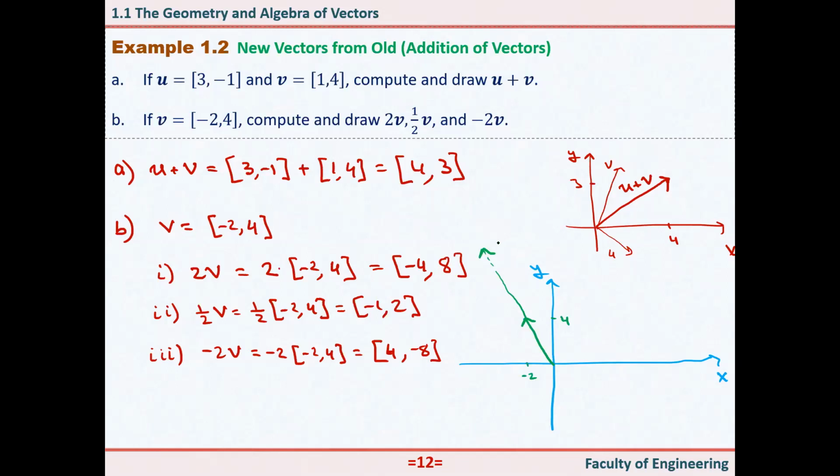This is 2v, this vector, right? And half v will be -1, 2. -1, 2 is this vector. That is half v. And -2v means the opposite direction. That is 2 times longer than this vector. So it will be this vector. That is negative 2v.